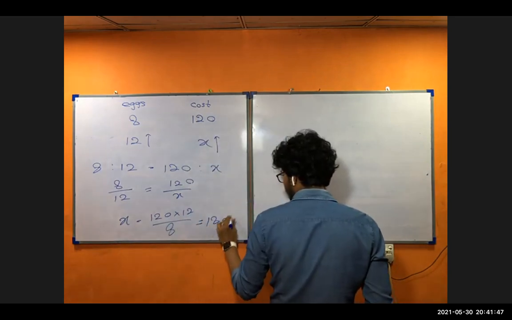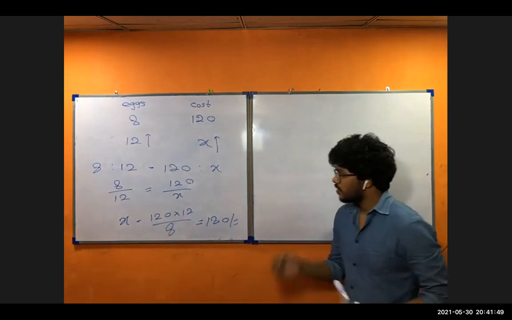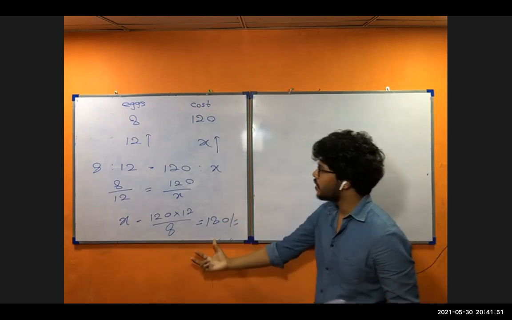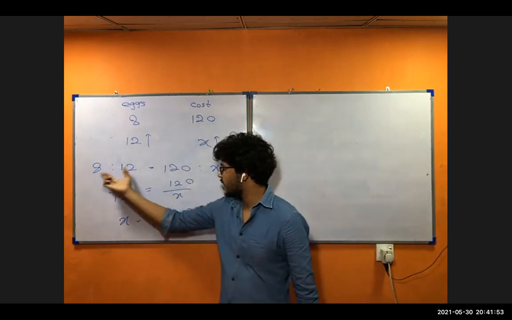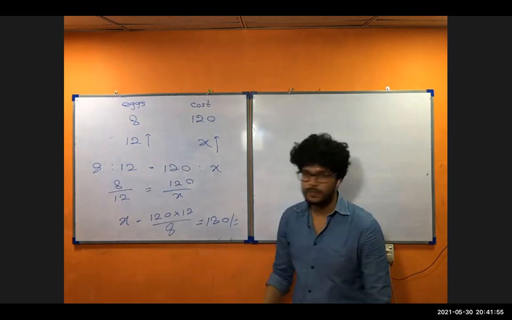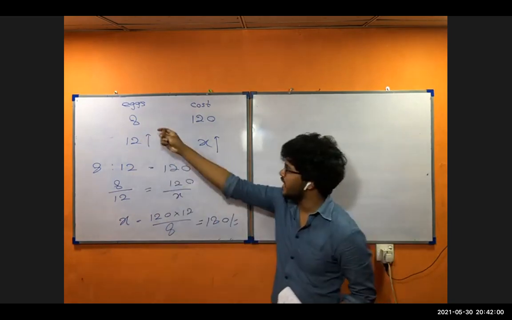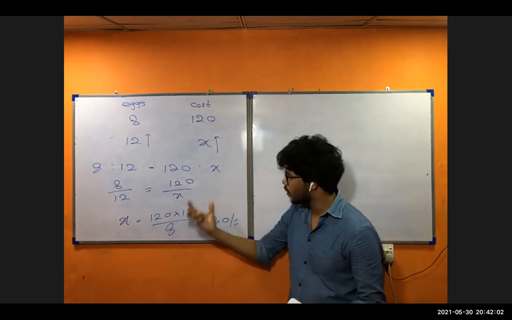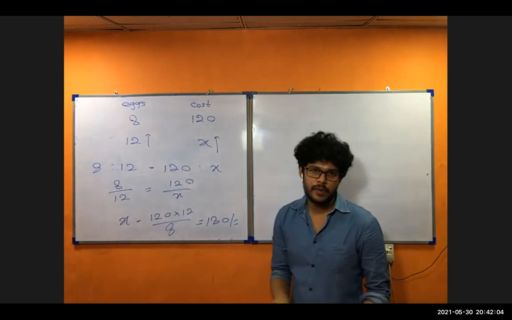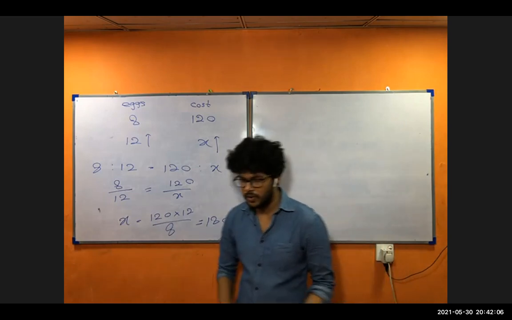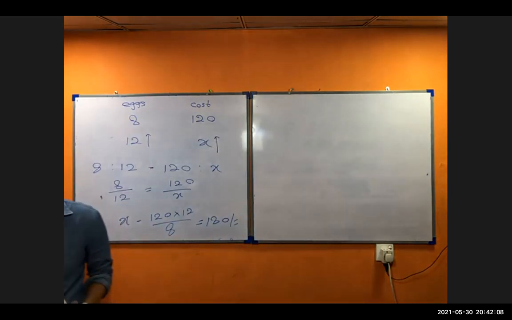180 rupees, okay. So here, what is the thing you have to learn? If you want, you can also find the cost of 1 egg. I mean, 8 eggs means 120. Then how much is 1 egg? From that, you can find the price of 12 eggs. No harm in doing that method. You can do that method also.